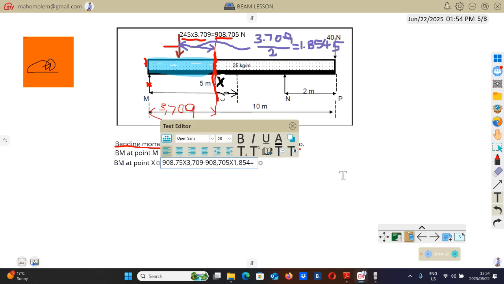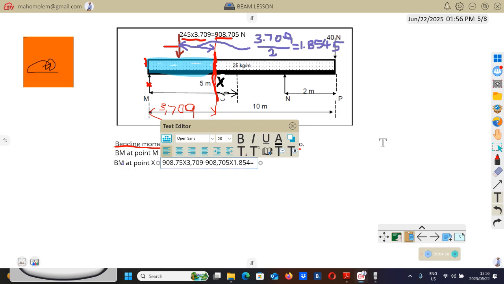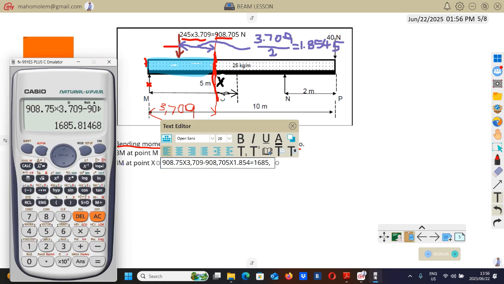So you can quickly press the calculator there. Right, that's what you will get: 1685.